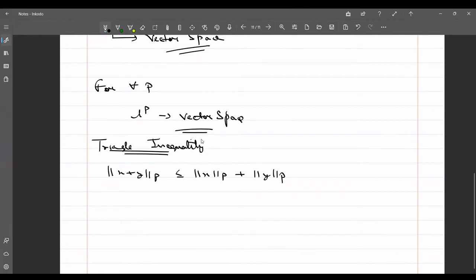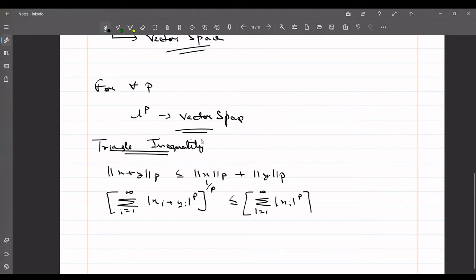Or we can write it like this: summation i equals 1 to infinity of mod of xi plus yi to the power p, whole to the power 1 over p, is less than or equal to summation i equals 1 to infinity of mod of xi to the power p, whole to the power 1 over p, plus summation i equals 1 to infinity of mod of yi to the power p, whole to the power 1 over p. This is also called the Minkowski inequality.